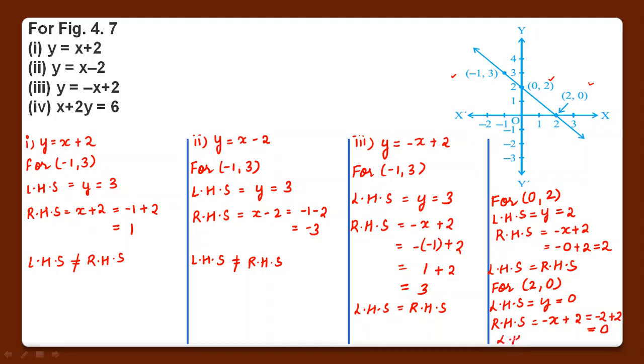So LHS is equals to RHS. So we can write in the end, I am writing here: y equals to minus x plus 2 is the equation of the given graph.